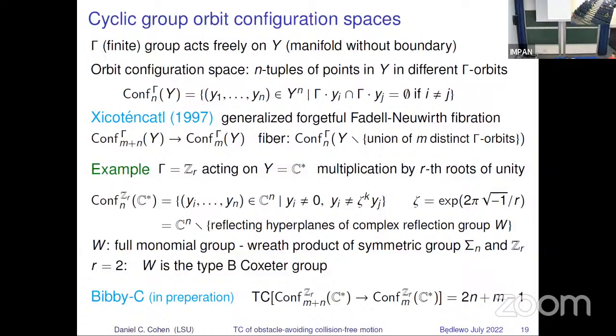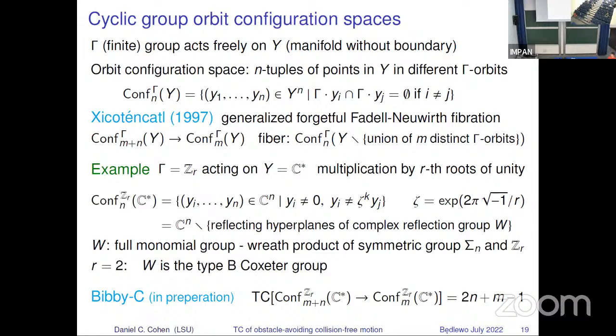For a given fibration, there are some canonical homology classes that one can study in the context of TC.